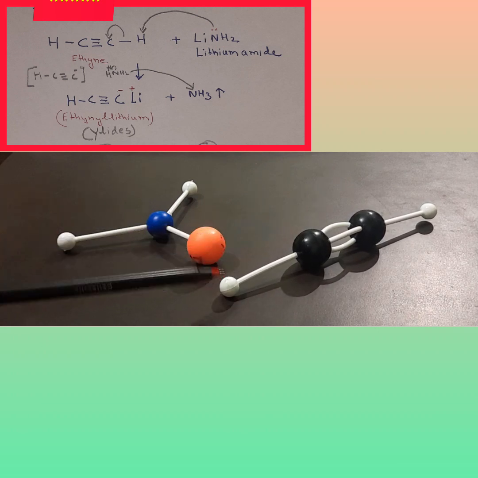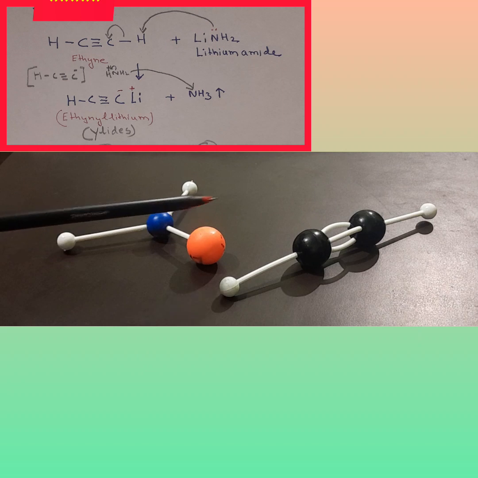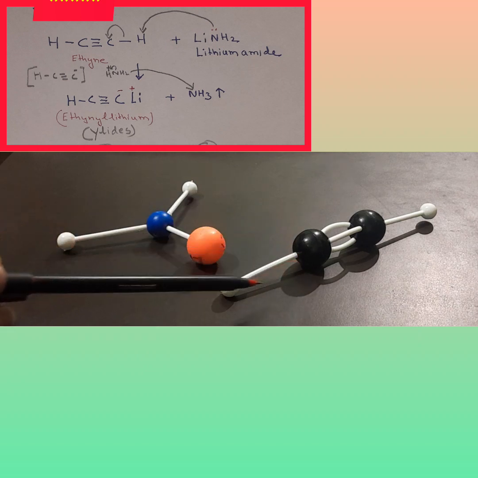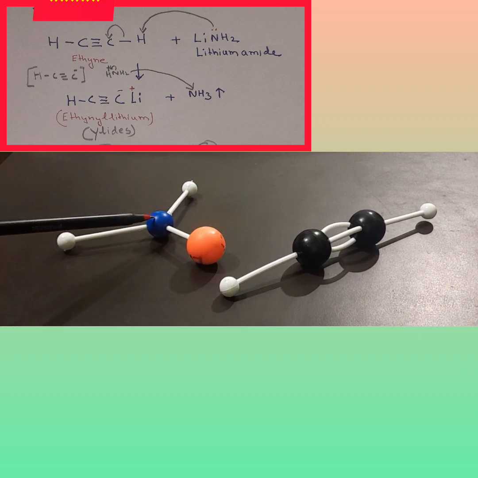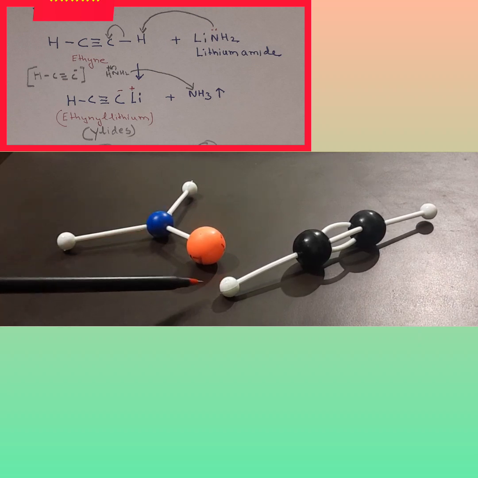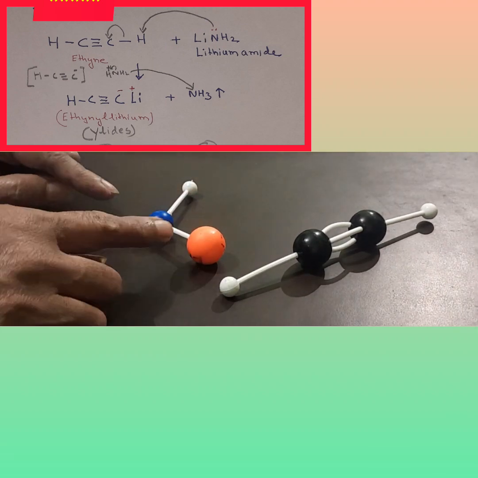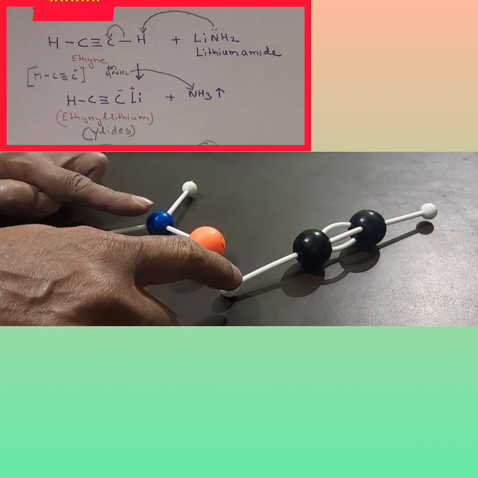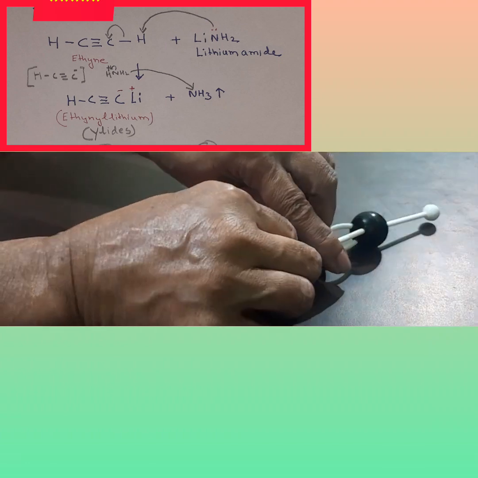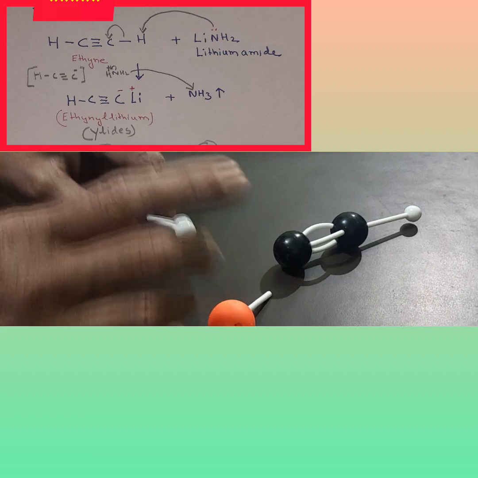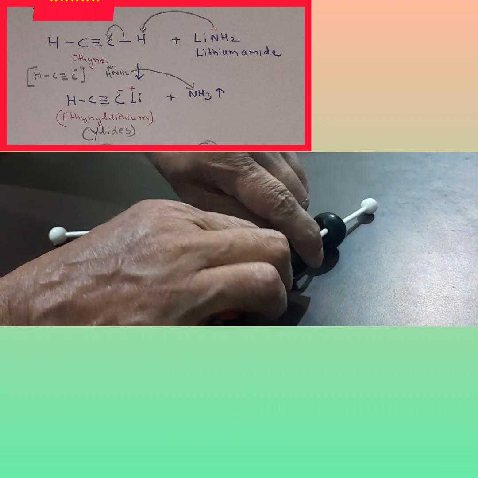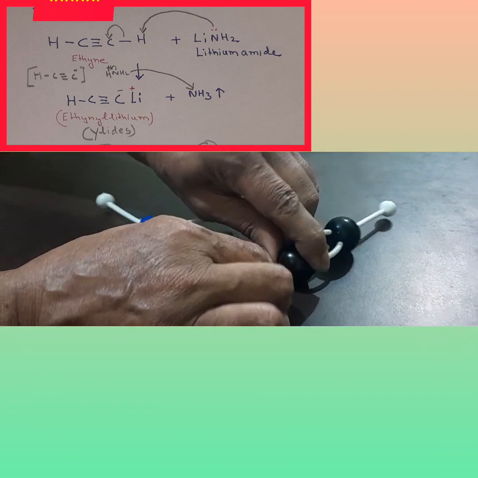So this can cleave as H plus, and this can cleave as H plus, and this can attack over here. Nitrogen can attack on this hydrogen, take it, and form ammonia, and this would form an ionic bond with this.